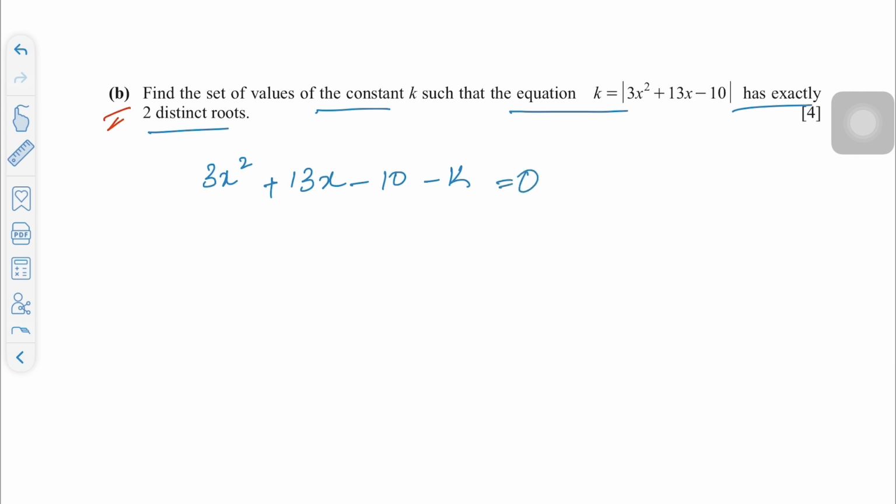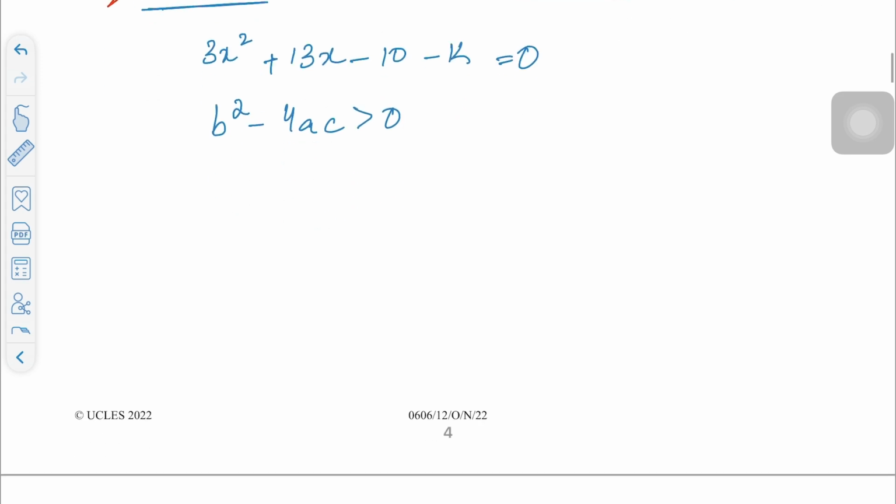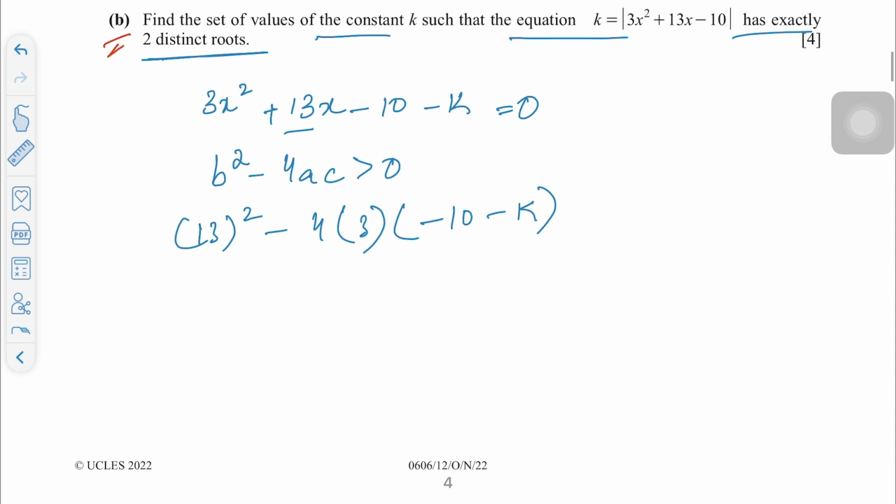And since it's two distinct roots, b squared minus 4ac, that is our discriminant, would be greater than 0. Our b is 13, that would be squared, minus 4, our a is 3, and our c is minus 10 minus k. We solve this and we get 169 minus 1 plus 120 plus 12k is greater than 0.